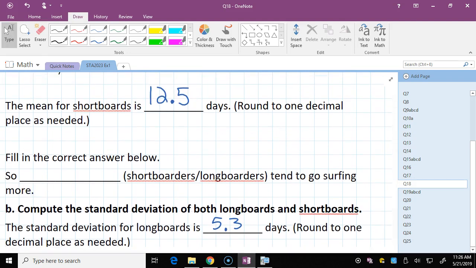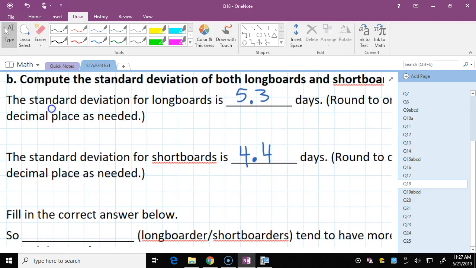Okay? So right here it says fill in the correct answers below. So blank tend to go surfing more, based off of the means. Shortboarders tend to go surfing more. Make sense? Because they have the higher mean.